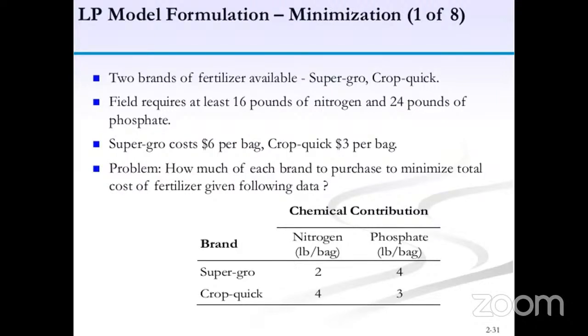So pounds, you can assume as kgs per bag. Super Grow requires 2 kgs of nitrogen, 4 kgs of phosphate. Crop Quick requires 4 kgs of nitrogen, 3 kgs of phosphate. But you must utilize a minimum of 16 pounds of nitrogen and a minimum of 24 pounds of phosphate.